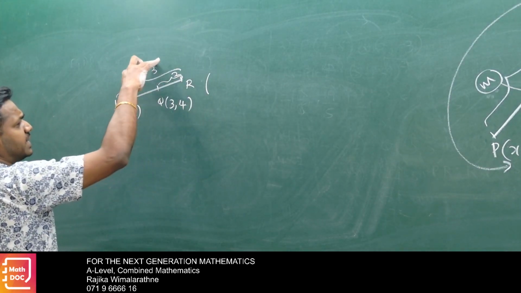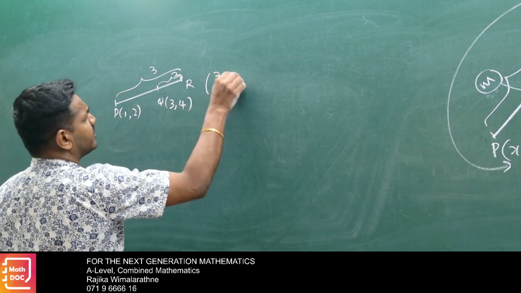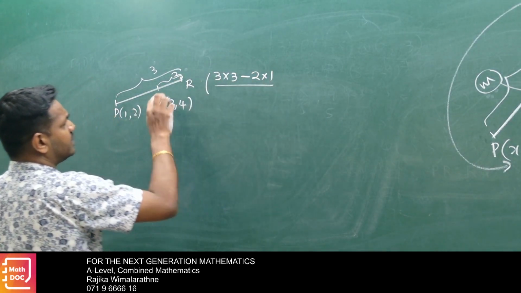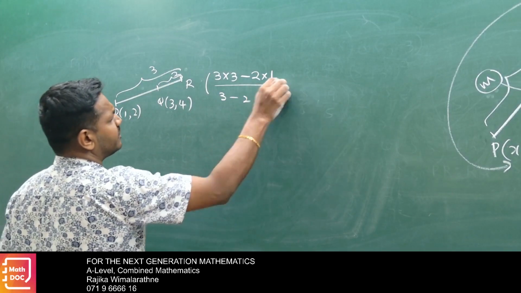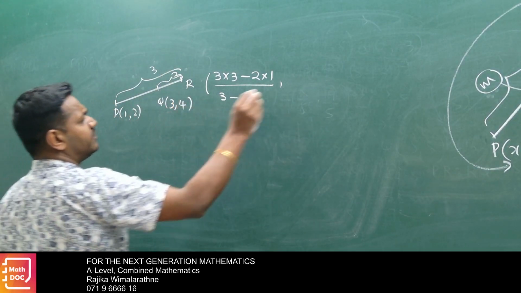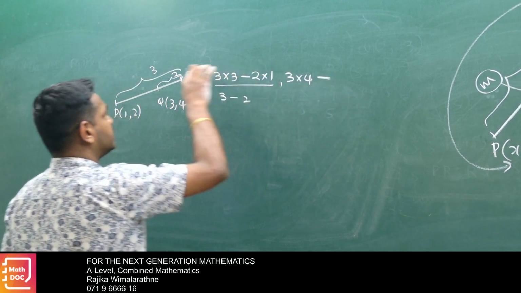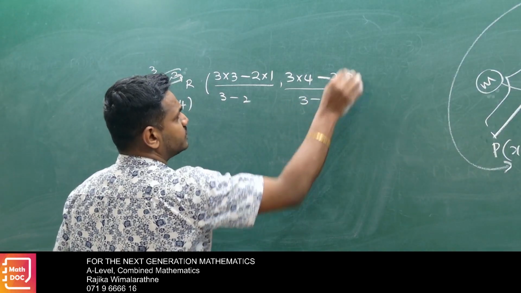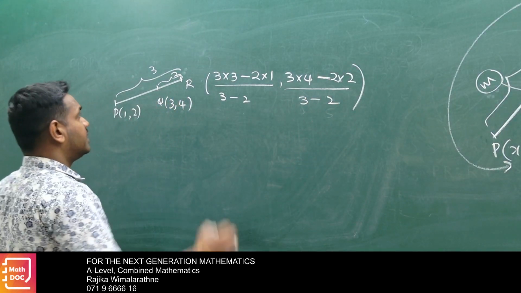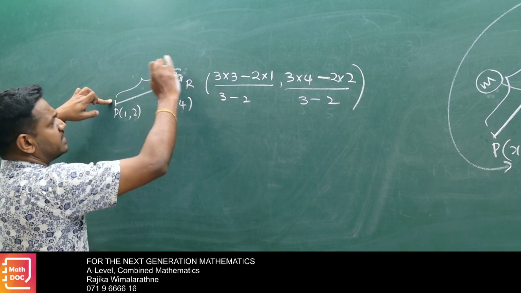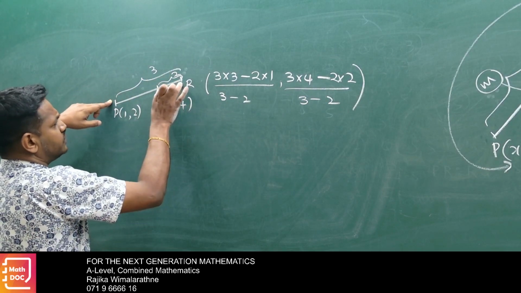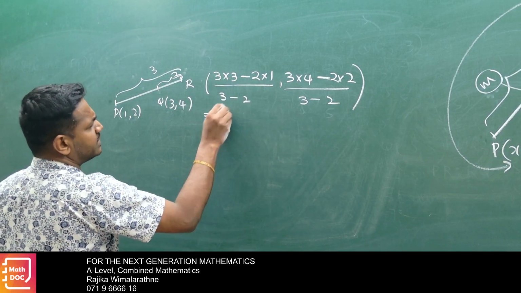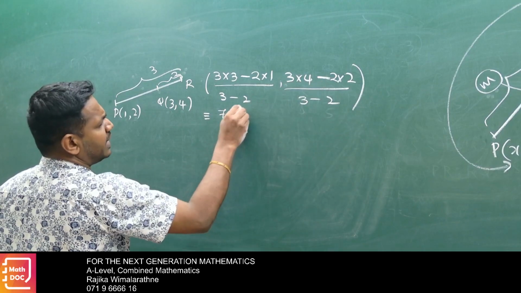Then you do this: 3 times 3 minus 2 times 1 over 3 minus 2, 3 times 4 minus 2 times 2 over 3 minus 2. See the pattern again. Here 3 multiplied with the non-related one: 3 times 3 minus 2 times 1. Now simplify. 9 minus 2 is 7, 12 minus 4 is 8.